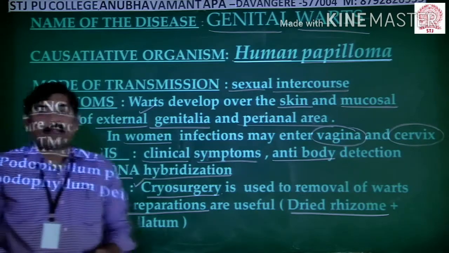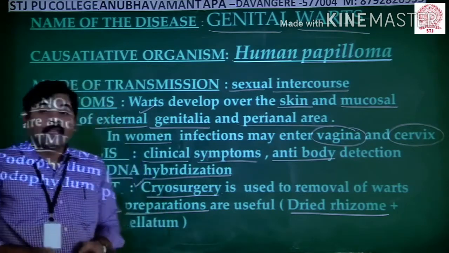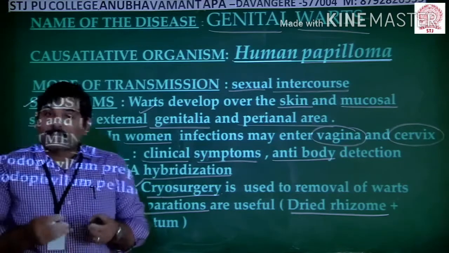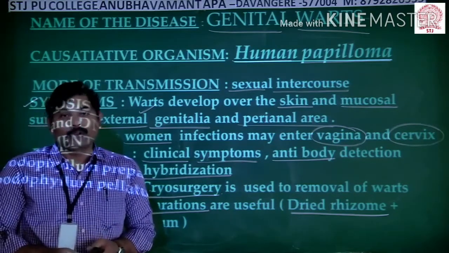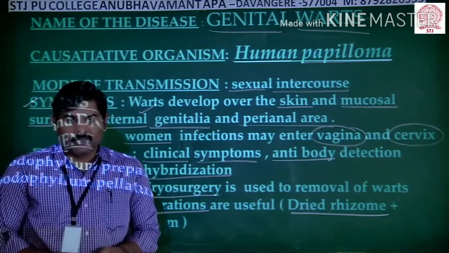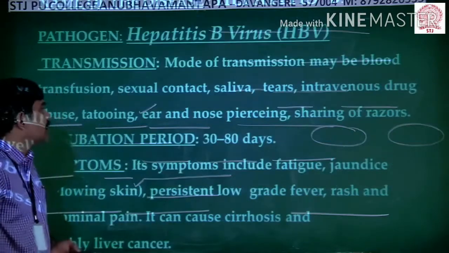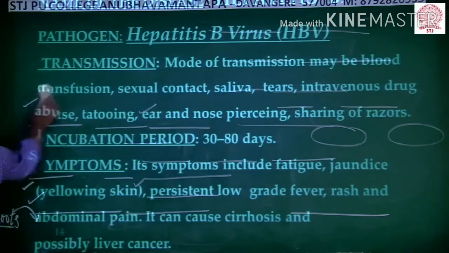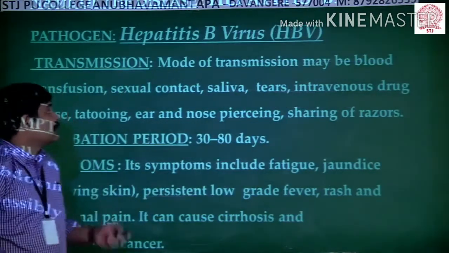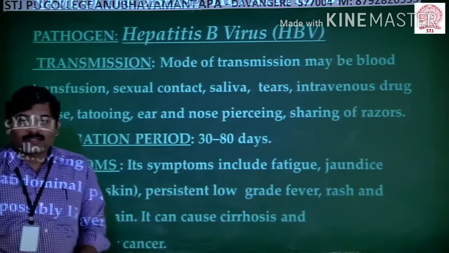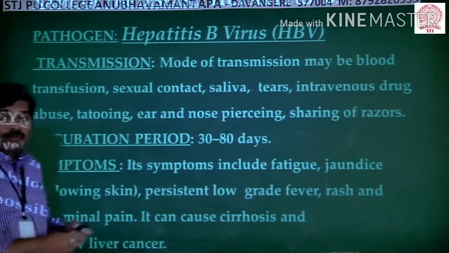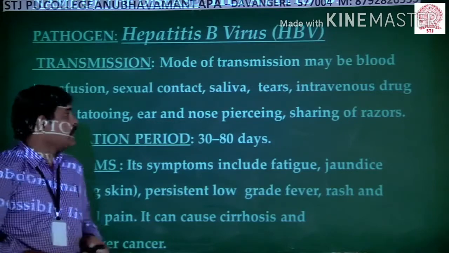The second viral infection is done. Coming to the third type of viral infection, it is hepatitis B. Let us see about hepatitis B in detail. This is the third important viral infection, and it is also a sexually transmitted disease.